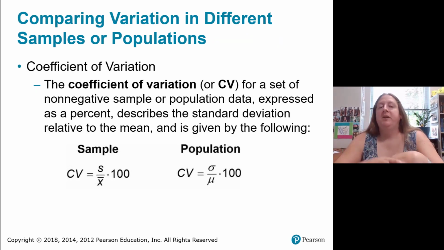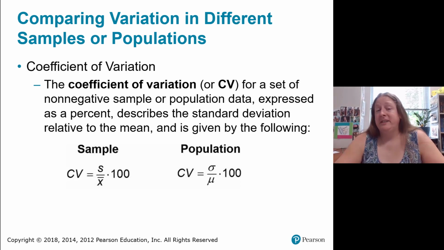So sometimes we want to be able to compare variation in different samples or populations. We can use something called a coefficient of variation to do that. So if we have some non-negative sample or population data, we express it as a percent, where what we're doing is we're taking the standard deviation divided by the mean and multiplying it by 100%, and that gives us our coefficient of variation.